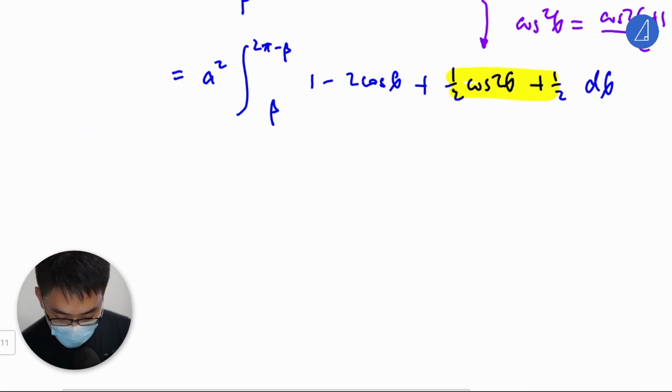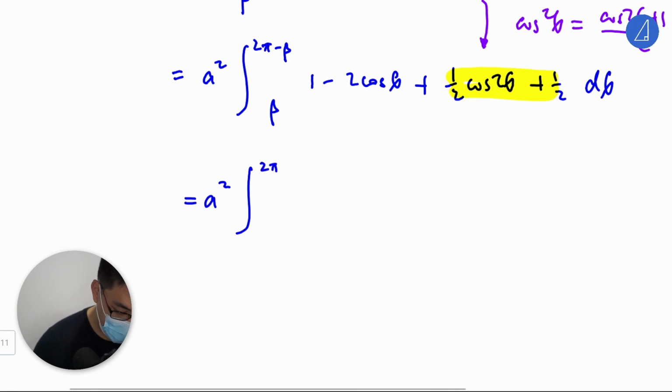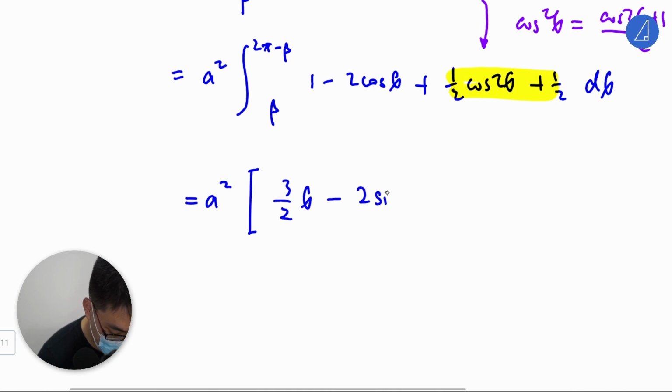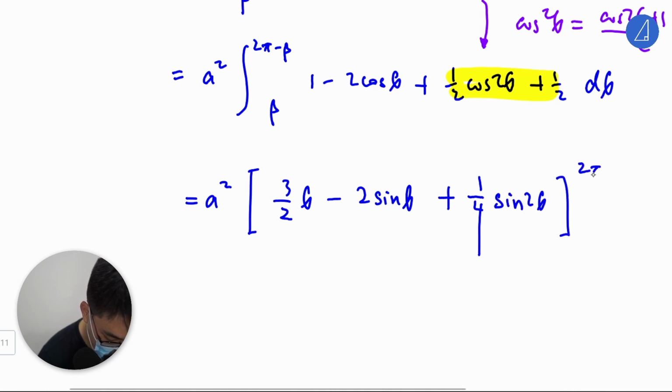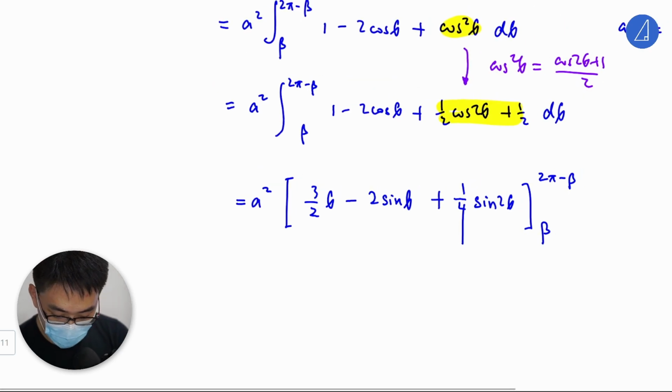Then I'll just do it slowly. Okay, maybe not. Can I just integrate? I think I'll just integrate. Over 2 theta. To here, to here.